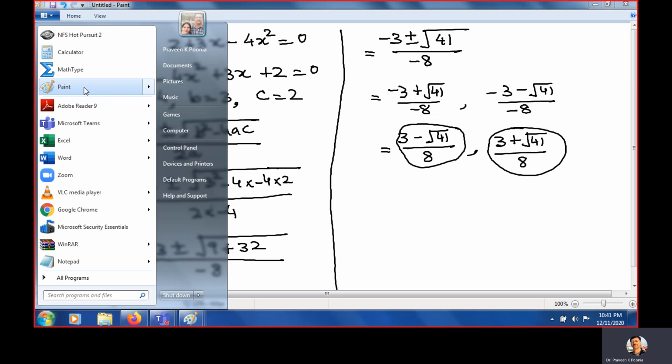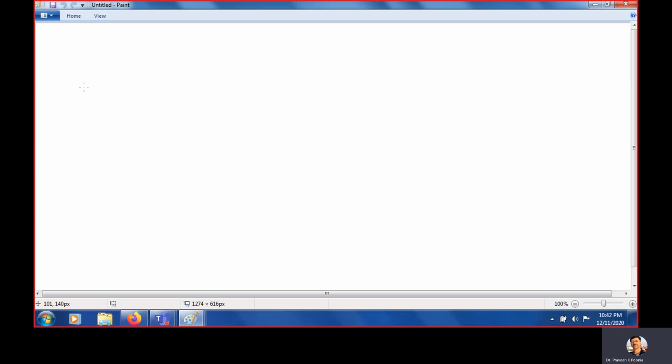And what is the name of this technique? The name of this technique is quadratic formula. And you must practice more questions to solve this. Clear? Now, the last topic for this lecture today, we are going to study about the quadratic formula.